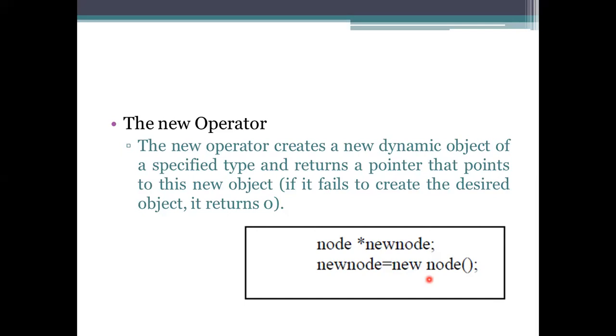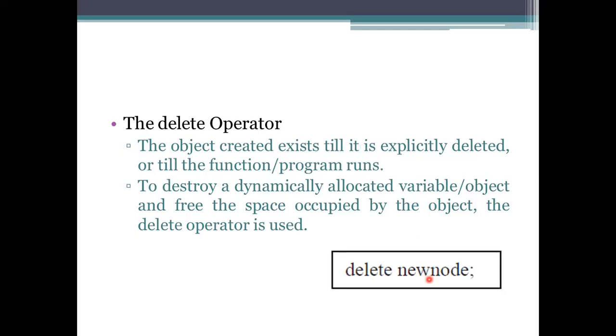Coming to the next one, if we want to delete any node explicitly, meaning we don't want to access that node, or we want to delete the data present at that node, then we need to execute the command delete new node. This new node represents the node which has been specified there.